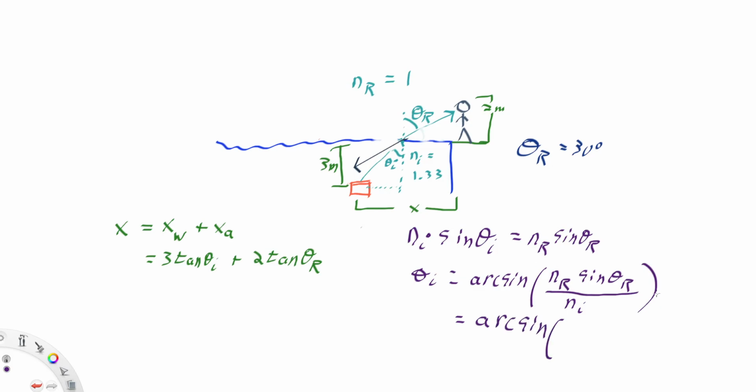Okay, so now we can plug in all our numbers. The refractive index for the air is 1. Sine of 30 is a half. And the index of refraction in the water is, well, 1.33, it's 4/3.